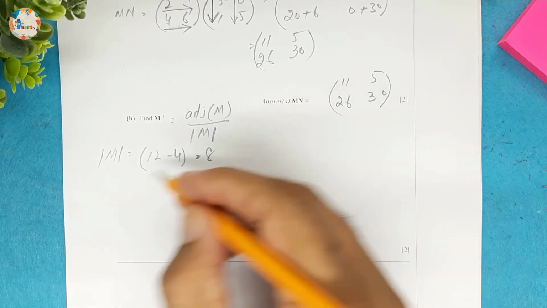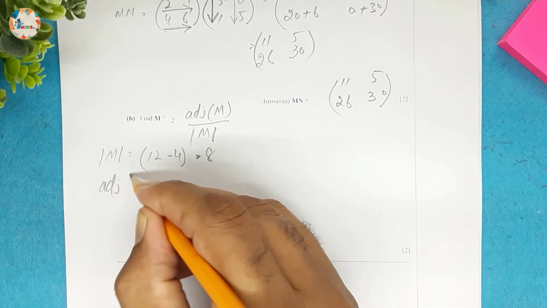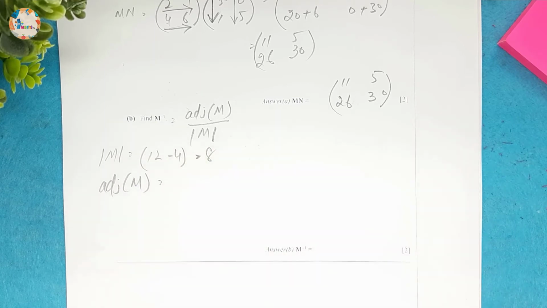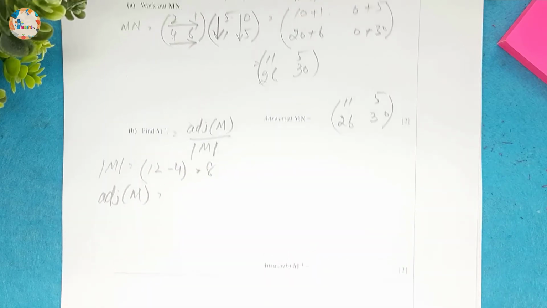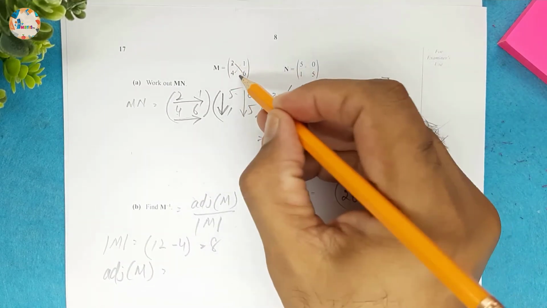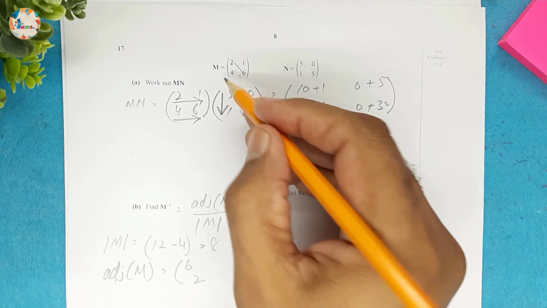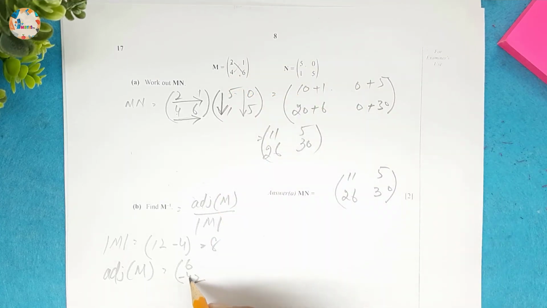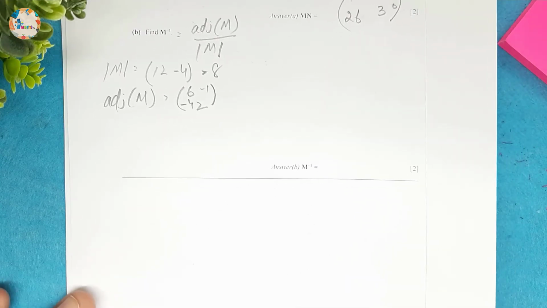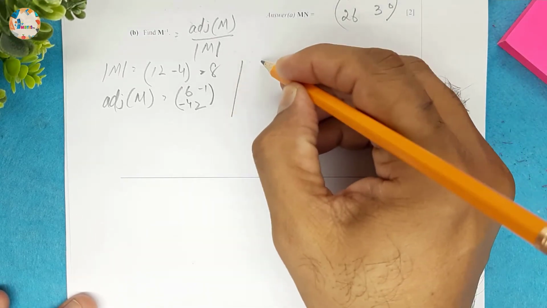Now we have to find the adjoint. Adjoint of M will be changing the location of these two, 6 and 2. So this will be 6 here, 2 here, and changing the sign of these two, this will be minus 4 and minus 1. Now we got the adjoint of A. Now we can write M inverse.